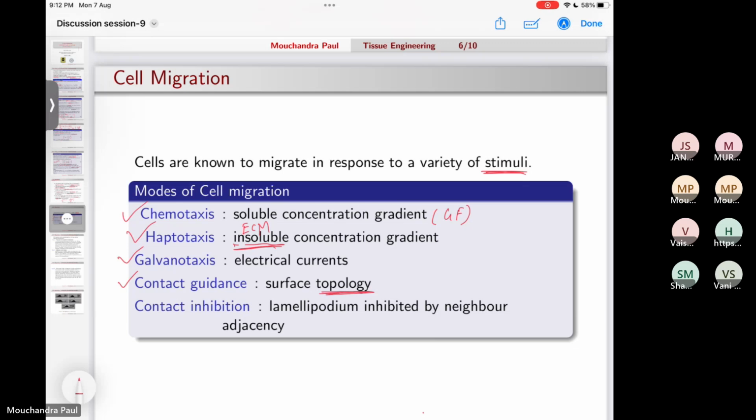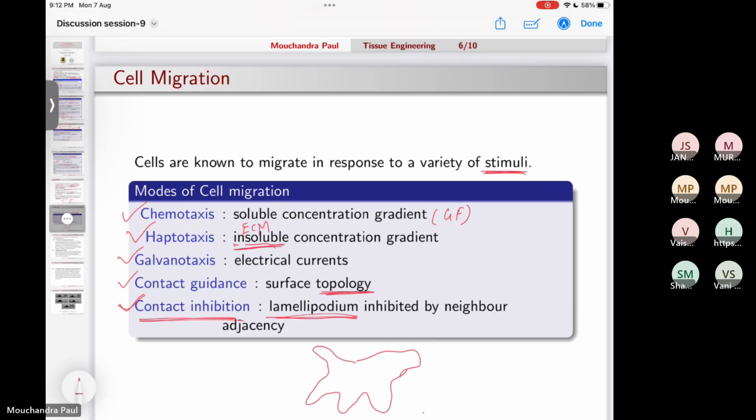Another mode of cell migration is called contact inhibition. You must be familiar with this. Here, the lamellopodium, the extension of the cell membrane. A cell is not completely spherical, it has finger-like structures. These are called lamellopodia in plural, and singular is lamellopodium.